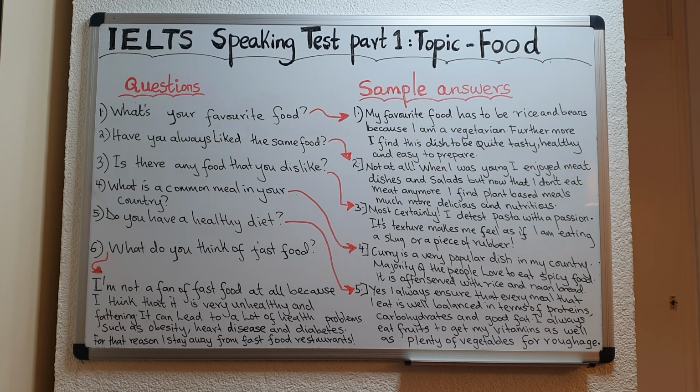Roughage means when you eat vegetables, they provide you with fiber. Roughage means fiber, and it helps you not to get constipated.